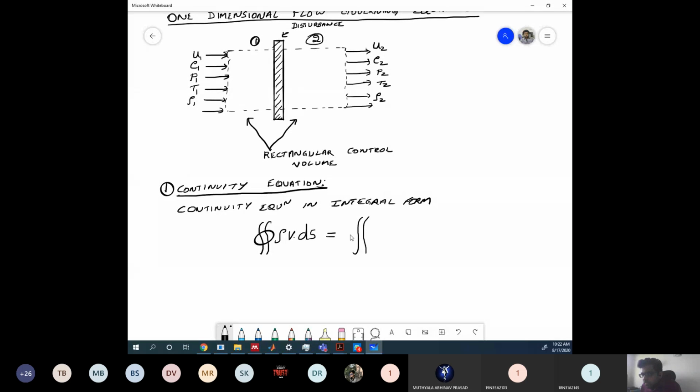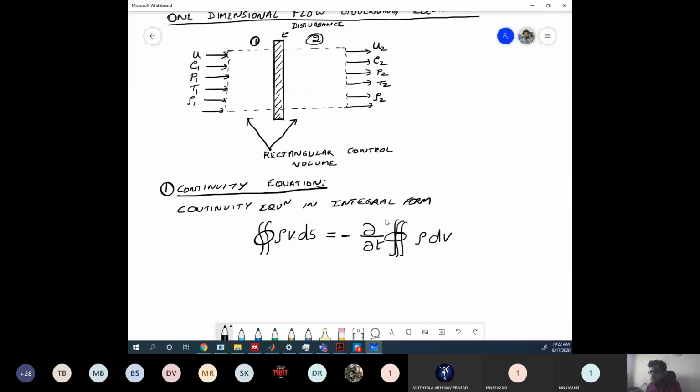So minus dou by dou t of the volume integral of rho dV. This minus symbol is because the mass is decreasing. If you take the control volume at that particular instant of time, the mass will be reducing.